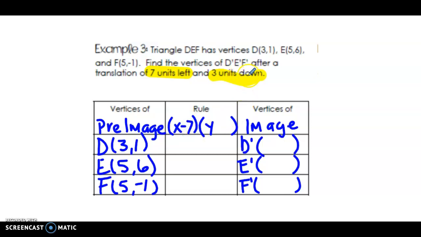And if it's down, that's also a minus, so that's going to be -3. So that means we're going to take all of our X's, and we're going to -7, and we're going to take all of our Y's, and we're going to -3. And we're going to write that out here, but again, we don't have to in the future. We can do it in our head. So left 7 or -7.